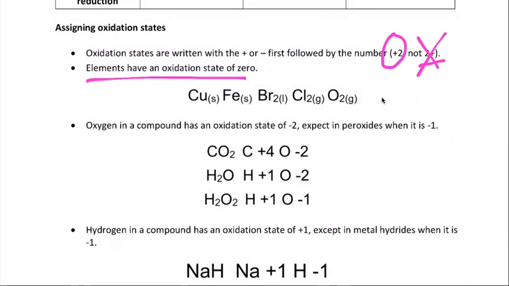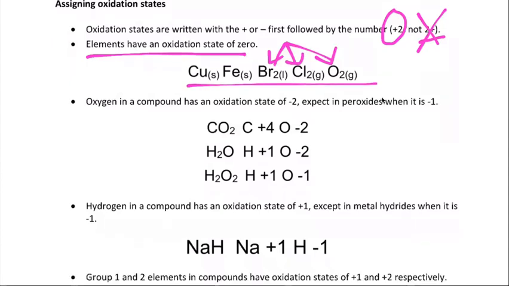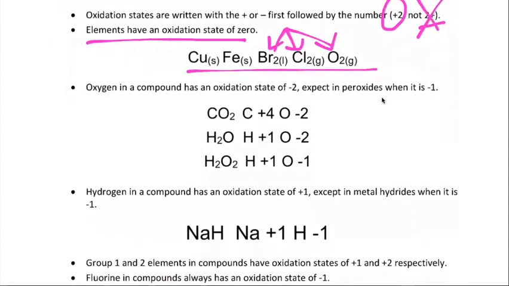Elements have an oxidation state of 0. So if you just have an element, and that includes all of these diatomic elements, if it's just the regular elemental form and its naturally occurring form, it's 0. If you have oxygen in a compound, it is most likely going to be -2. There is one exception if it's in a peroxide.